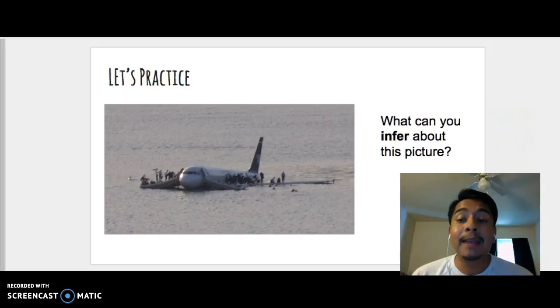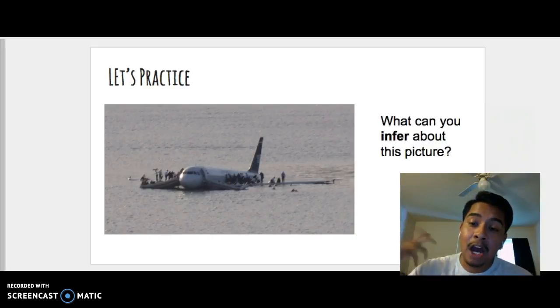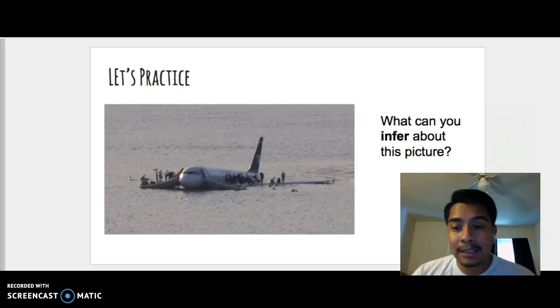And the reason it went down was because a flock of geese was in the way and they were caught by the engines, and after the geese hit the engines they stopped working, so the pilot had to land on the water.